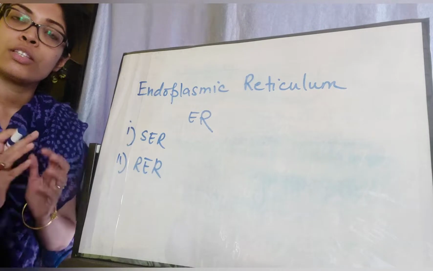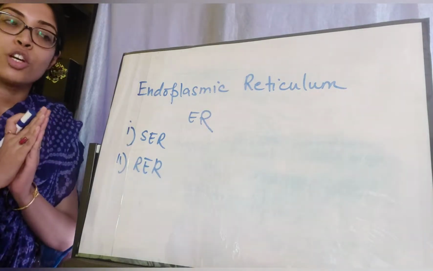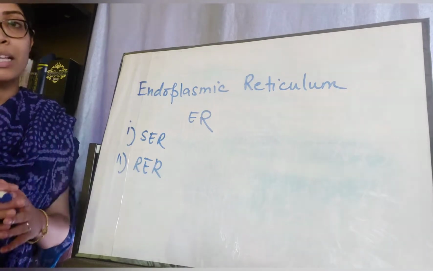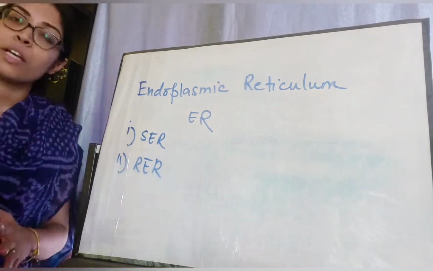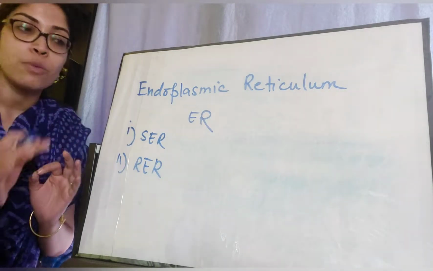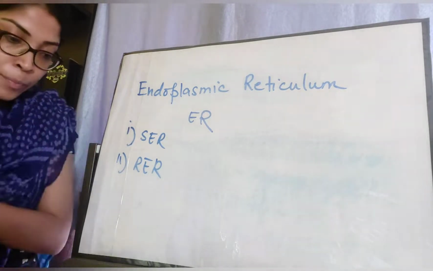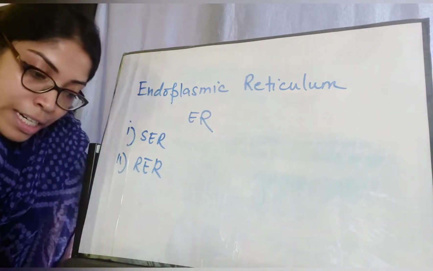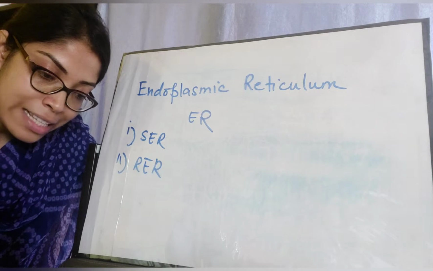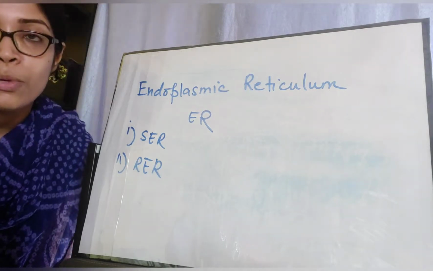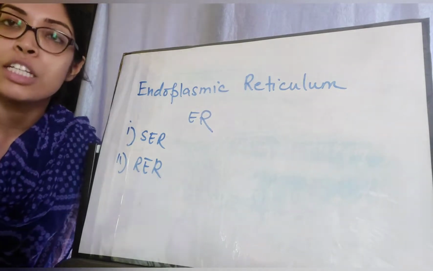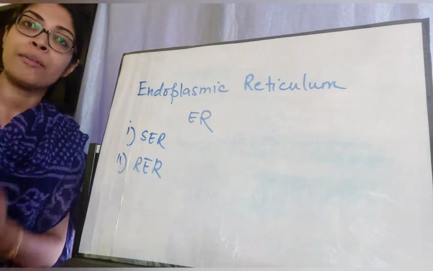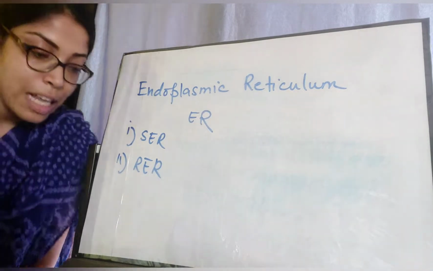The cisternae whose surface does not contain any ribosomes are smooth and are regarded as smooth endoplasmic reticulum. This is the main difference between SER and RER. Moving on to the next feature, which is location. RER is located near the plasma membrane, while SER is located near the nuclear membrane, basically near the nucleus, and RER is located towards the periphery, which will obviously be the cell membrane.